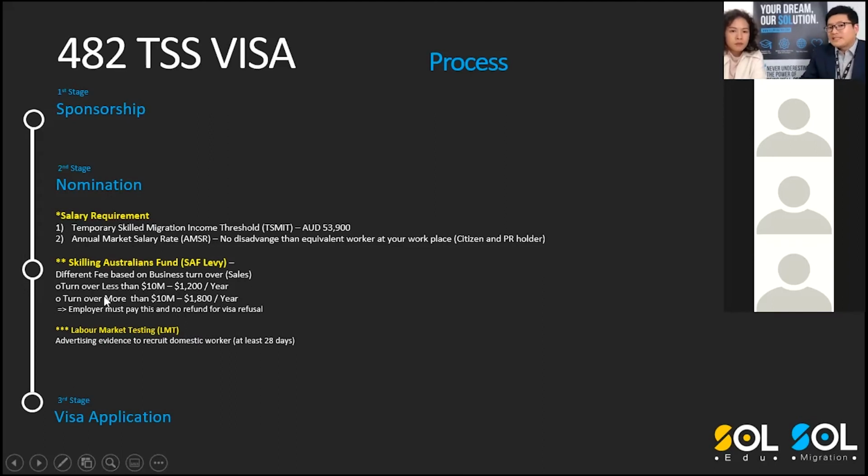But if the business turnover is more than 10 million, then the business owner must pay 1,800 per year. However, the employer must pay for the entire duration of the visa of the SAF at the time of the nomination application.